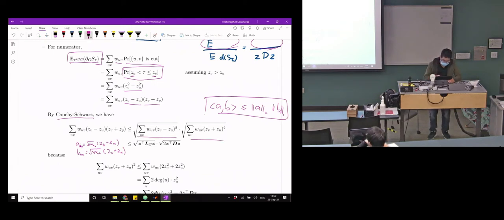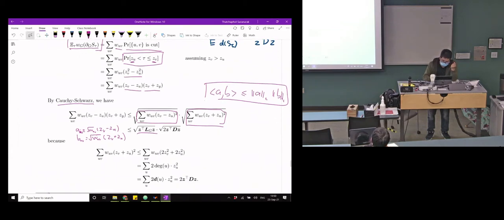But you see that this term is just exactly z^T L z. And the second term, we can also prove that it is less than this one. The first term is fine, right?